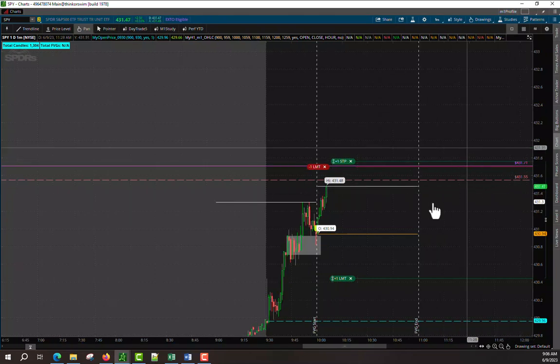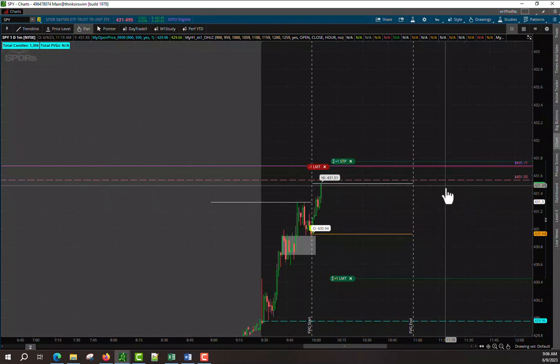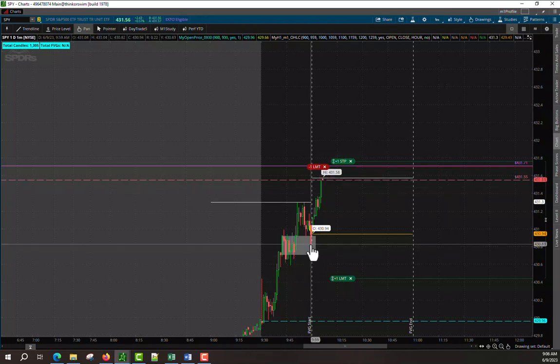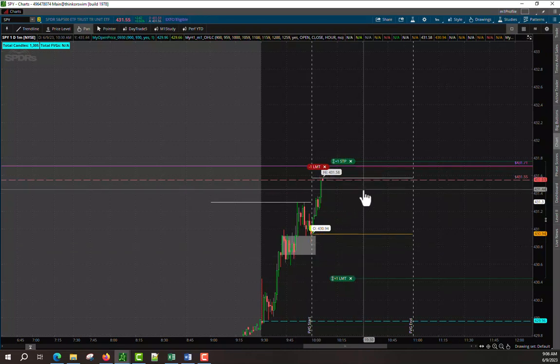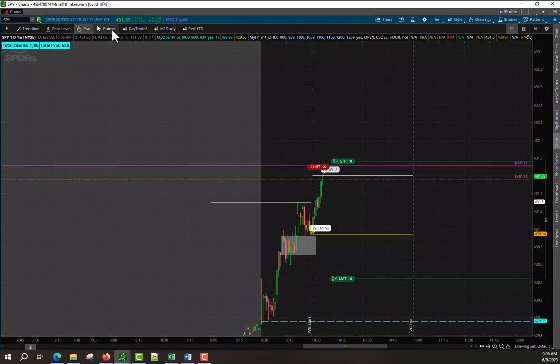Wow, let's see, it reached the target right there. If we enter a long position here, we expect it's gonna hit that. Wow, 58 right there. It hit the target beautifully.